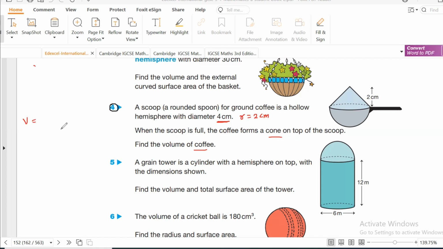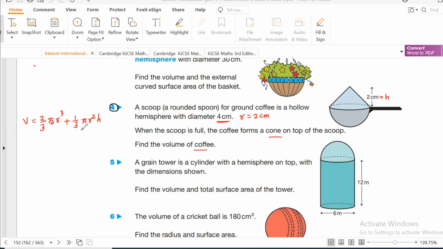I will use two formulas, one for the hemisphere. The volume of a hemisphere is 2 over 3 pi r cubed, plus the volume of a cone, 1 over 3 pi r squared h. Remember this height we consider for the cone, which is 2 centimeter, and r is the same for both cases.